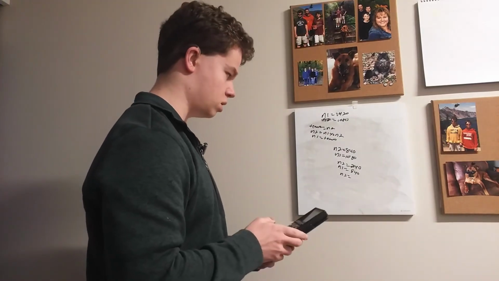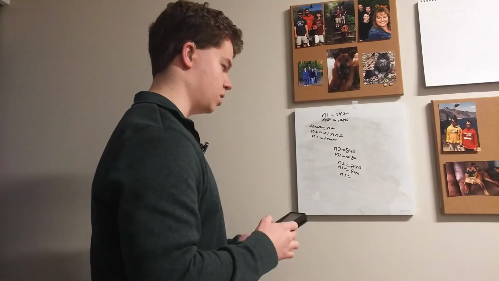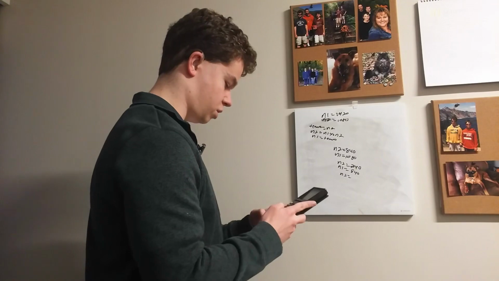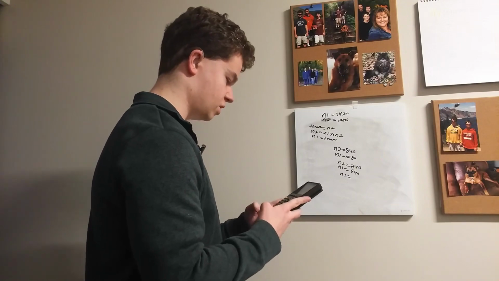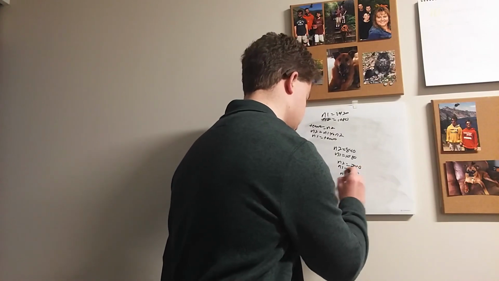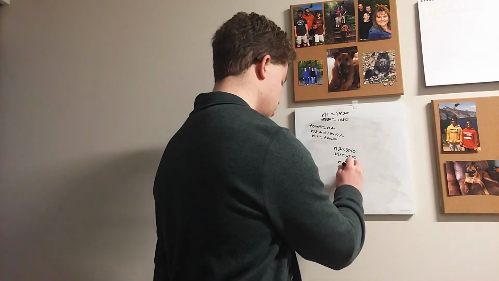I don't know. 840 divided by 240, that's got a remainder. Okay, so I think you subtract 840 minus 240, 600. That sounds about right. So now N2 becomes 600, and N1 becomes 240.